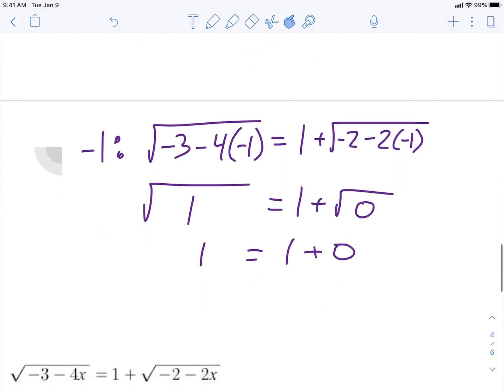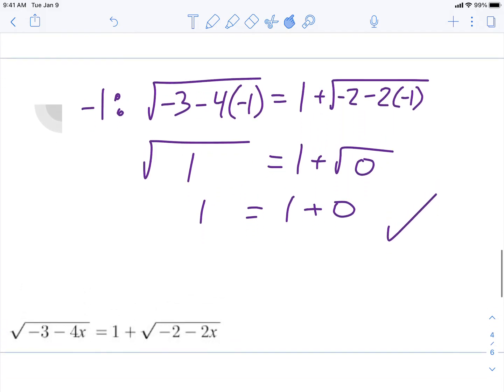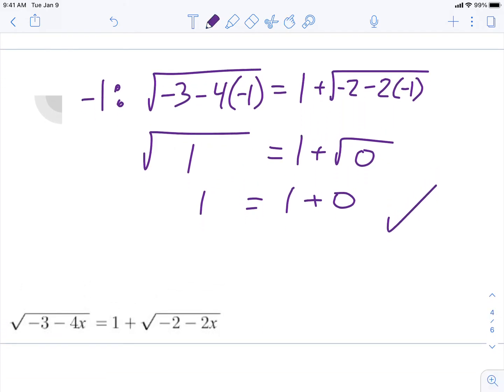I think that also checks out, and so we have two good solutions to this equation, which, look at that, I ended right above it. So the solutions to that, our two good solutions, are negative 3 and negative 1.